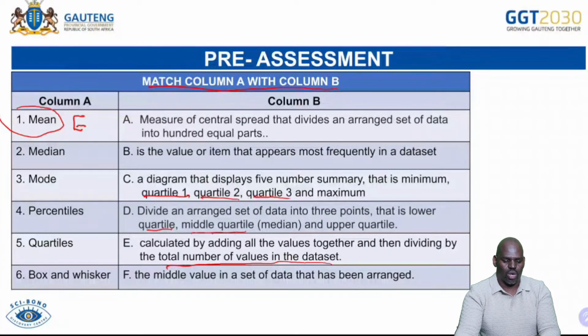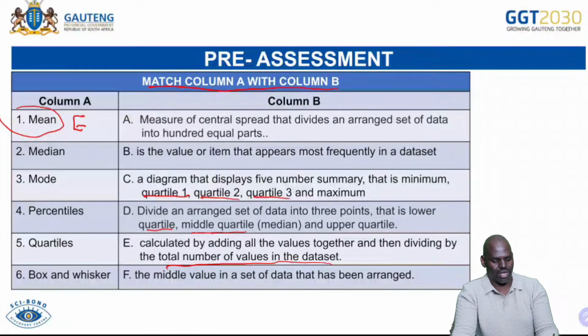No. Calculated by adding all values together, this one we have already said is for number 1. So if you look at F, the middle value in a set of data that has been arranged, or in some cases they will say the middlemost value. So in this case, the median goes with capital letter F.